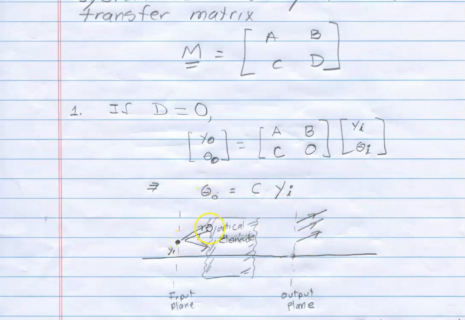So this ray that comes at one theta naught comes at this point, this one maybe comes out of here, this one maybe comes out here. We have an input plane, an object on the input plane, giving rays in all directions, but they emerge at exactly the same angle, and it doesn't matter what the angle theta i is. There's no theta i over here because 0 times theta i was 0.